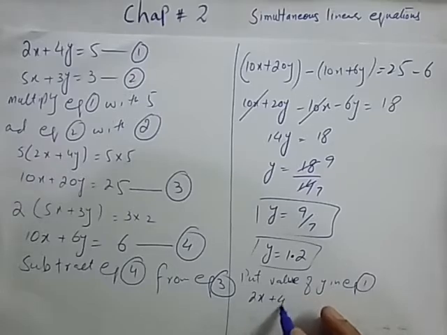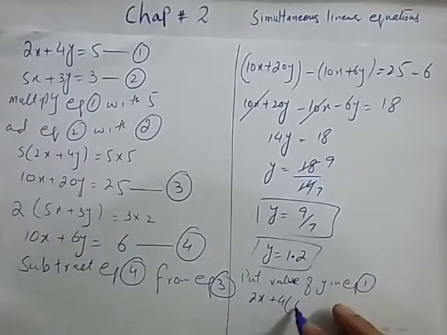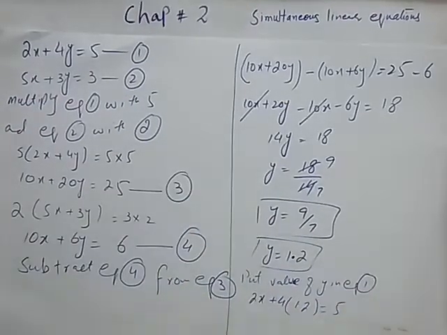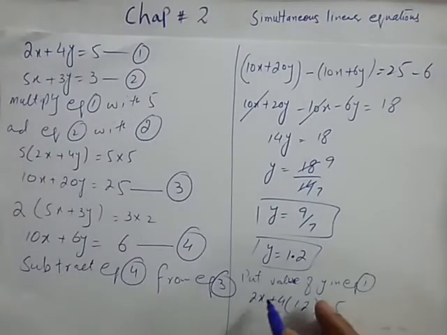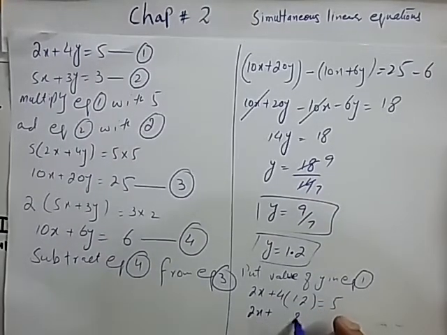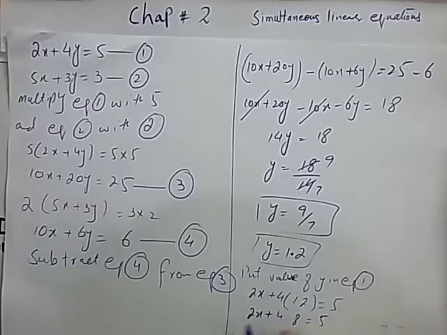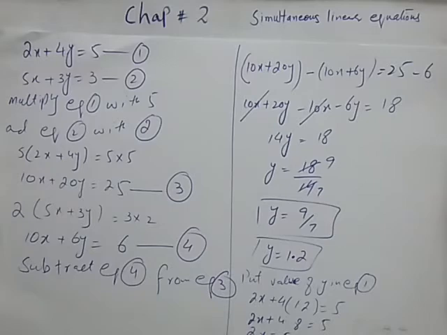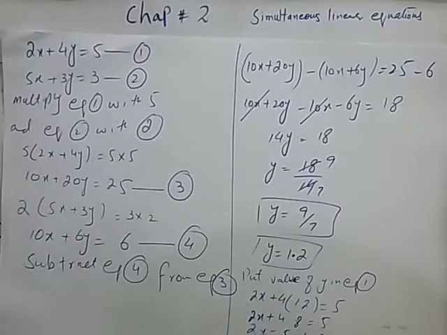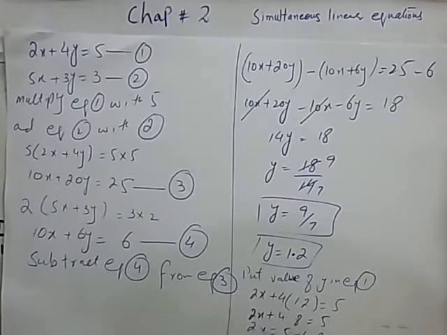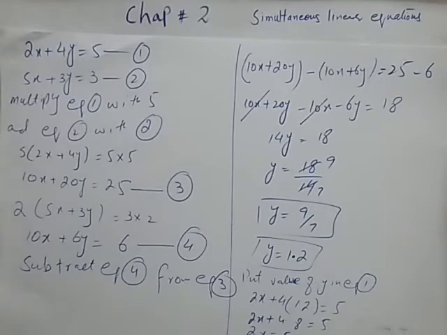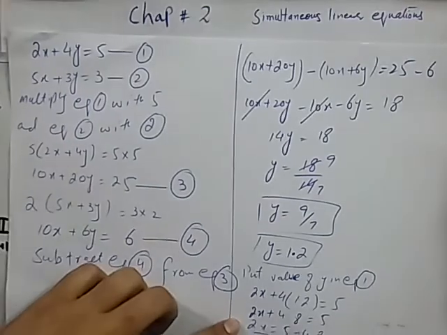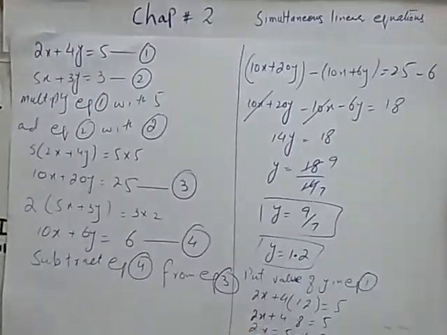So 2x plus 4, at the place of y I have to put 1.2. The rest of the values will remain the same. Just open the bracket. 2x plus 4.8. So 2x is equal to 5 minus 4.8. So the answer is 0.2 over 2. So this is the answer of this question. You can see that.